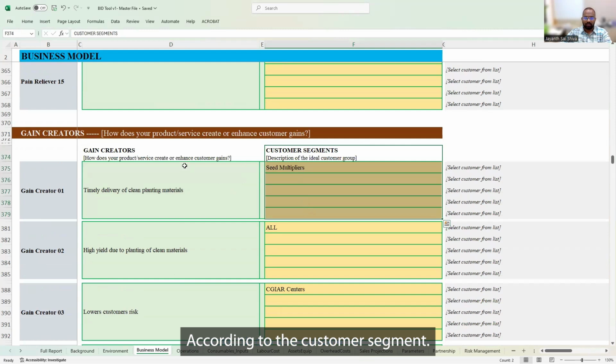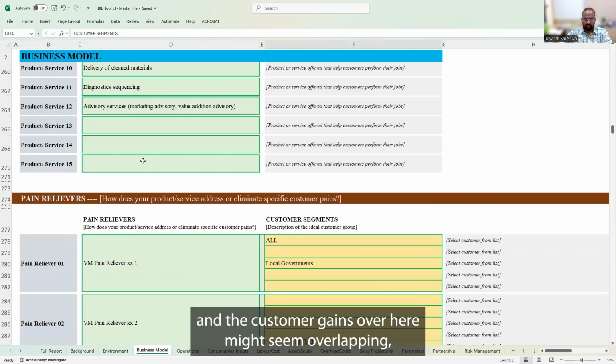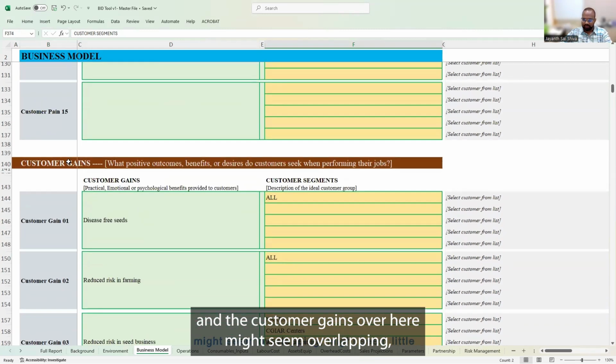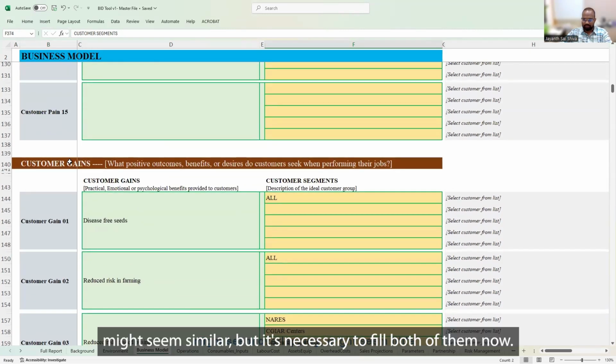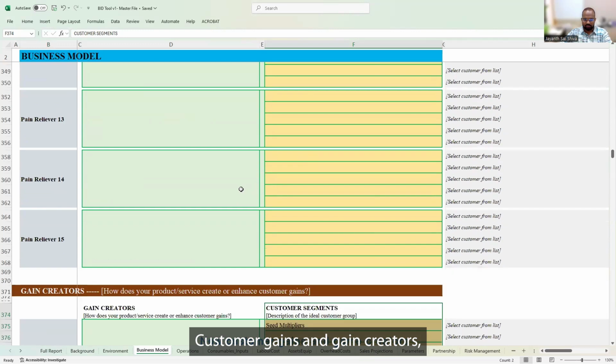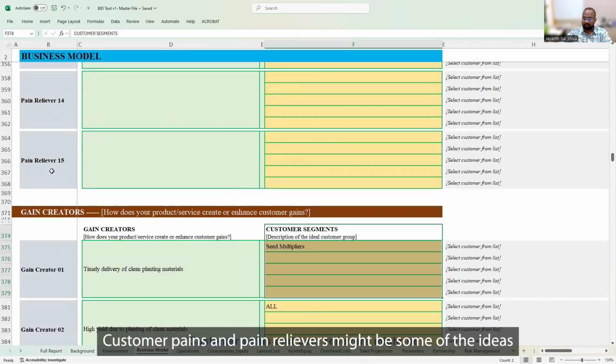Now the gain creators over here and the customer gains over here might seem overlapping, might seem a little similar, but it's necessary to fill both of them. Customer gains and gain creators could be similar. Customer pains and pain relievers might be similar.